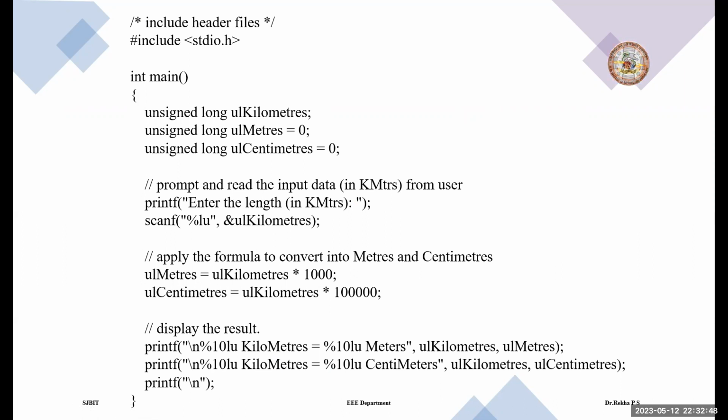Nobody other than the OS can call it. You're creating 3 variables: UL kilometers, UL meters, and UL centimeters. UL means unsigned long. The values for meters and centimeters you're declaring as 0.